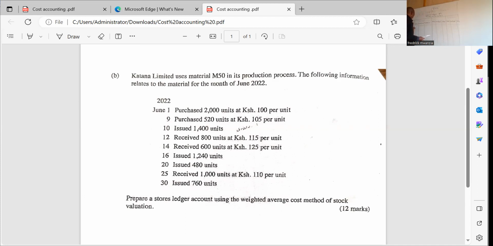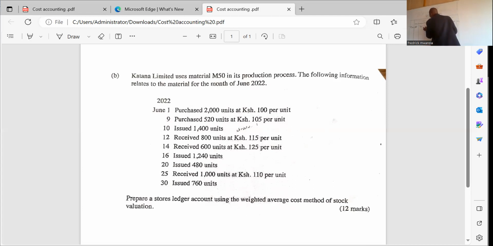We are receiving 2,000 units. These are in units, not in shillings. And the price at which we are buying them is 100. So you multiply 2,000 by 100 to get the amount in that particular consignment.